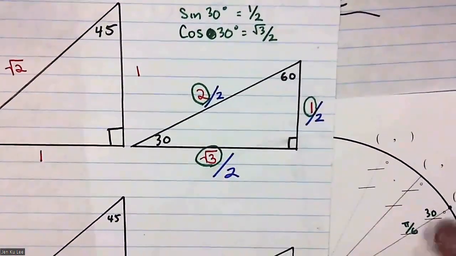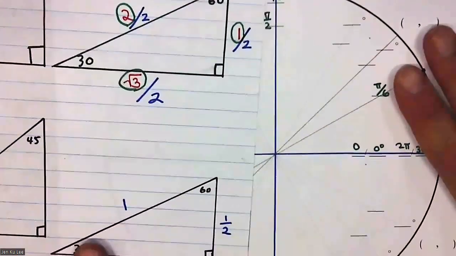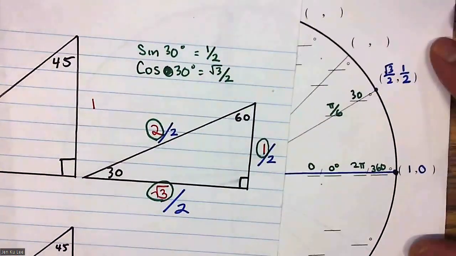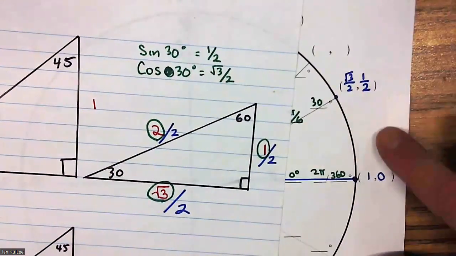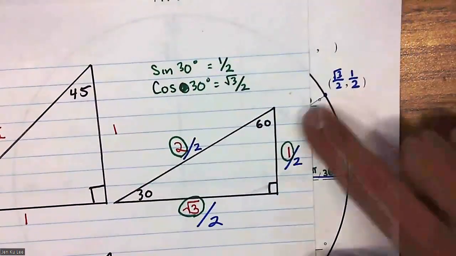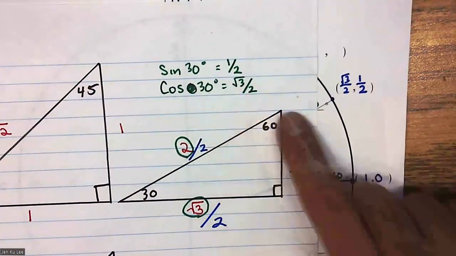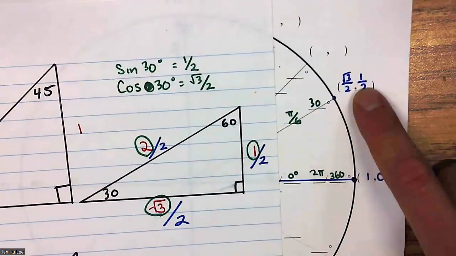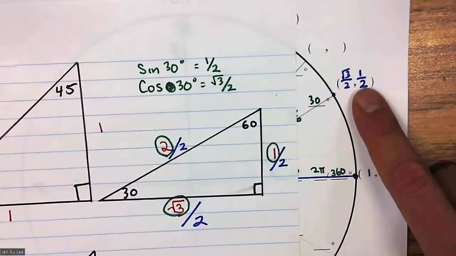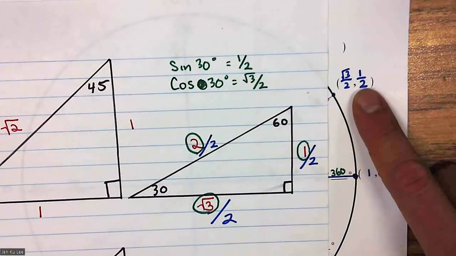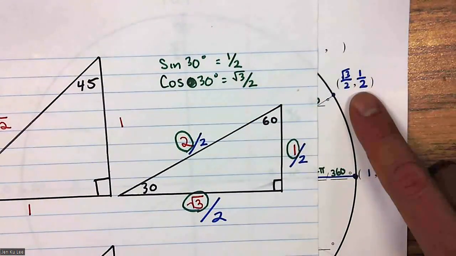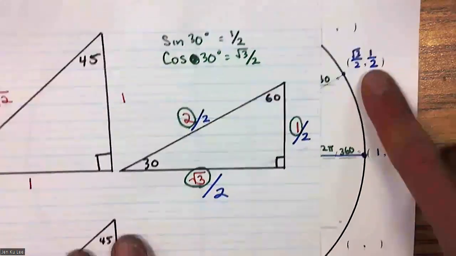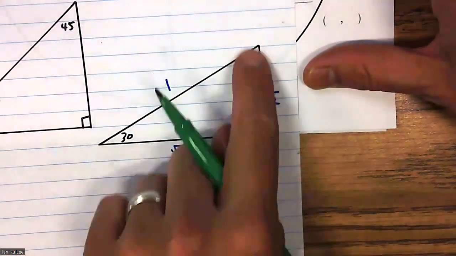So now what I want to do with this is compare it to the point. There's my coordinate right here, and here's sine and cosine of this 30-degree angle. What connections can I make? It's not a trick question. Here's the coordinate of this point that we got from here.